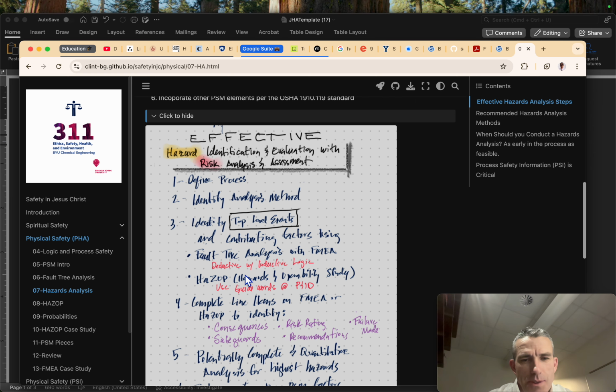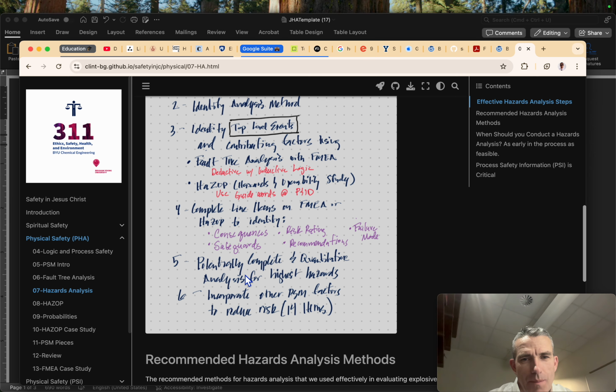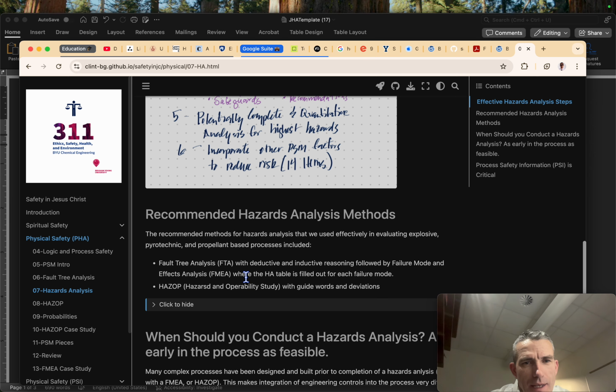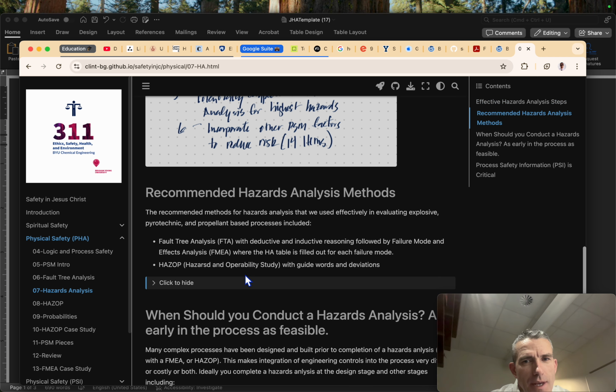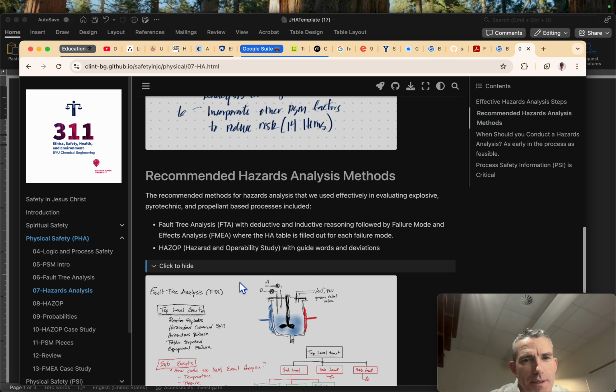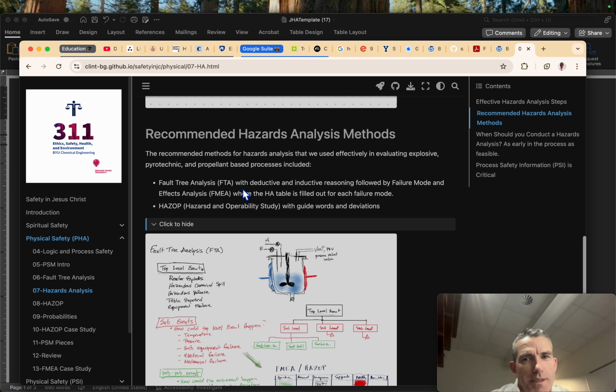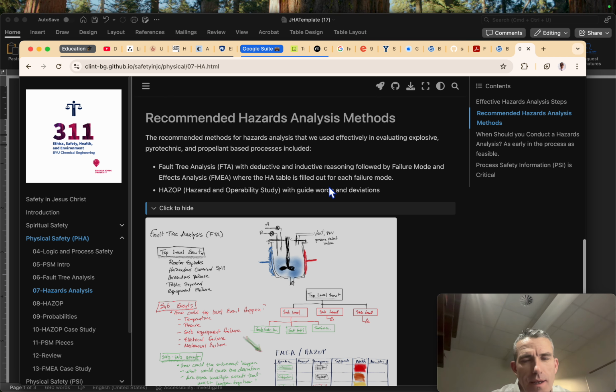That's just a little cartoon that says the same thing I wrote above. The recommended hazards analysis method I mentioned was the fault tree analysis, coupled with identifying those lower failure modes and itemizing the safeguards for each failure scenario, as well as the consequences and the risk ranking.